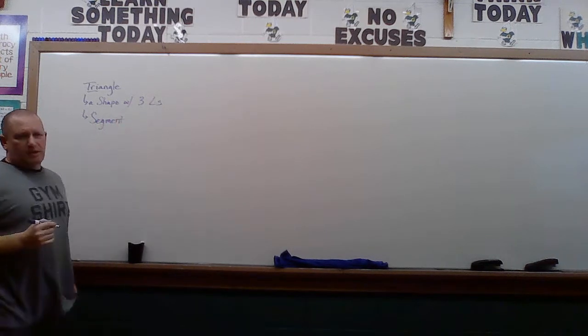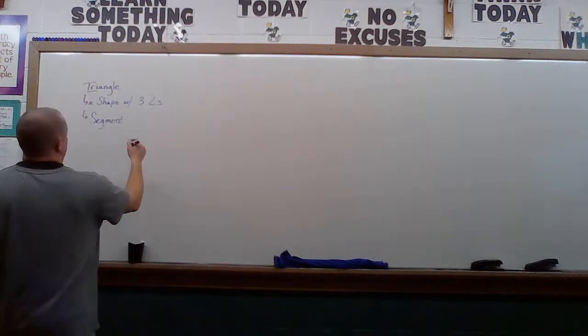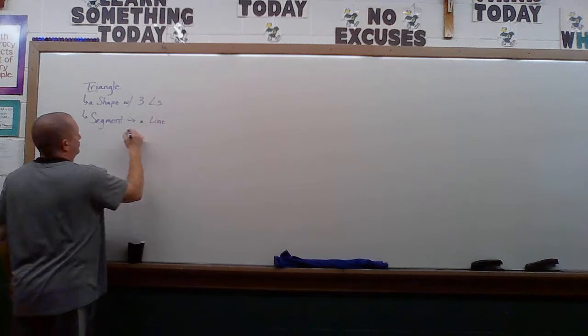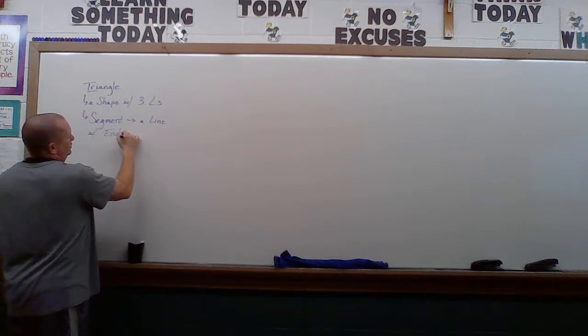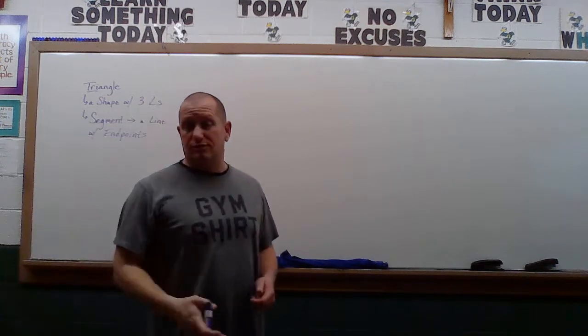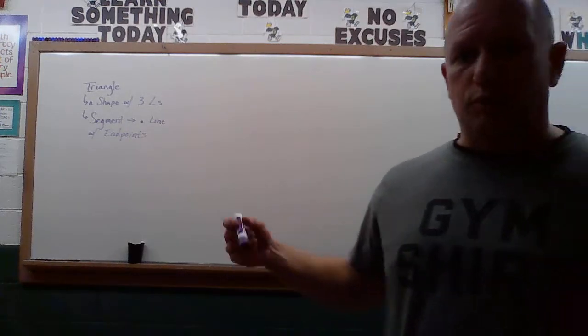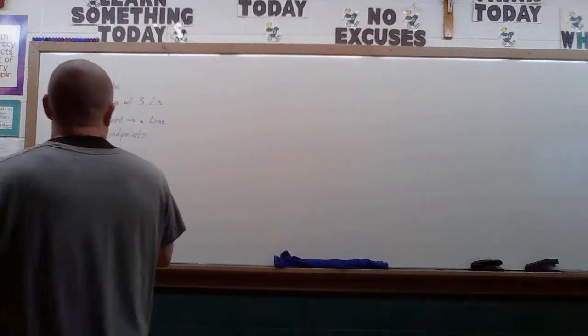So we're going to get into a lot of geometry in this section, but a segment is basically a line with endpoints. So from past, we know that a line has to be something that goes on into infinity in both directions. Well, now we're going to have a line, but we're going to cut it off at a particular point, and those are endpoints.